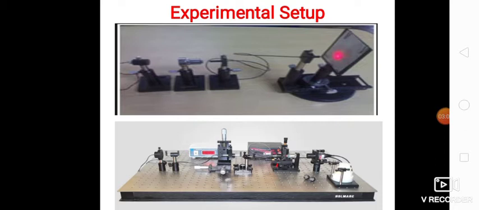So our complete experiment is divided into 4 to 5 steps, and these steps are nothing but we are moving our plate away from a fiber end, and because of that the spot size will increase. In the below image you can see a complete setup where the function generator and sources is also there.